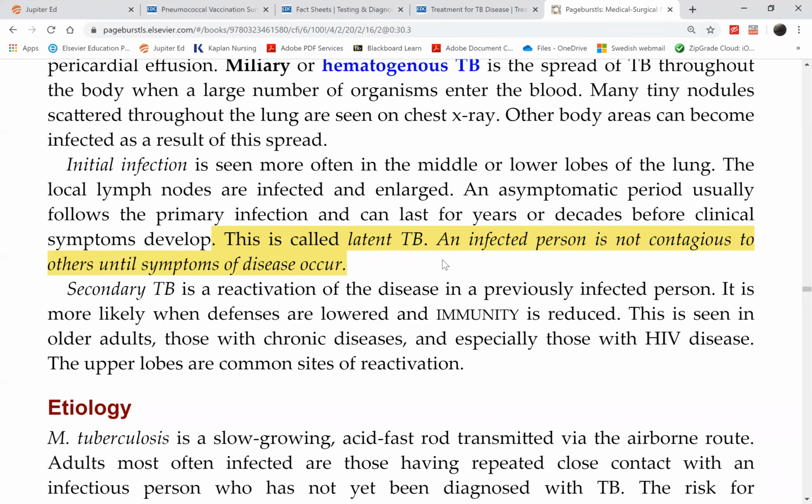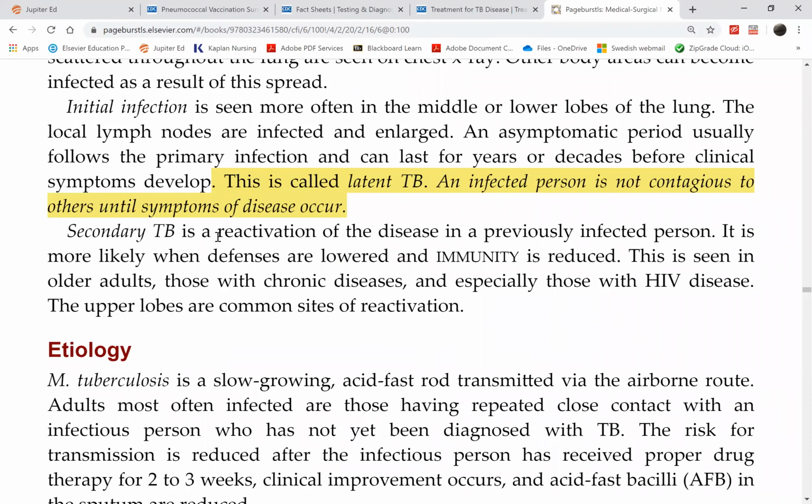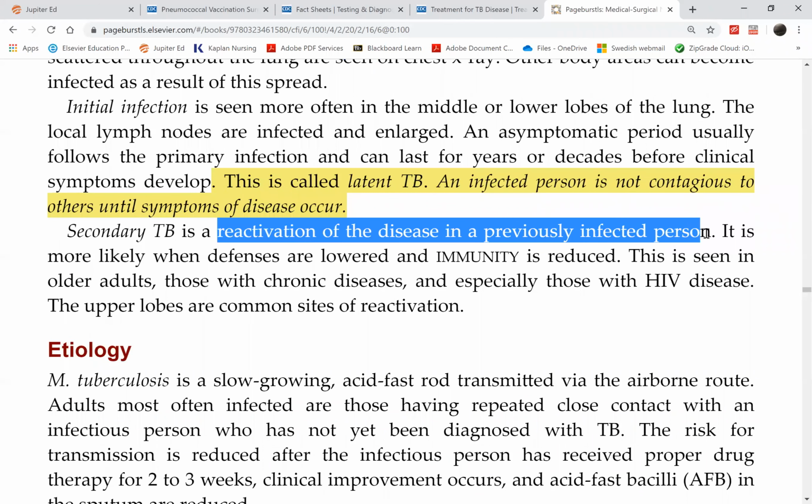So my form was called latent TB or inactive TB. Secondary TB is simply the reactivation of a previous infection. Let's say you had an initial infection, and then you were symptomatic. And then later on, you acquired HIV and then developed AIDS. So you can have a secondary TB as a result.